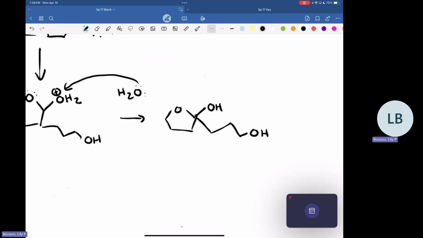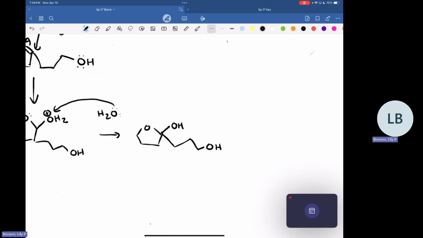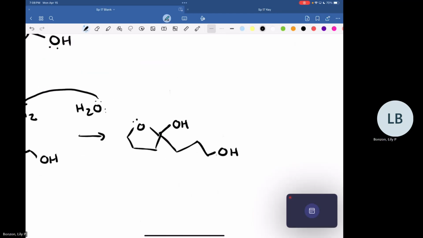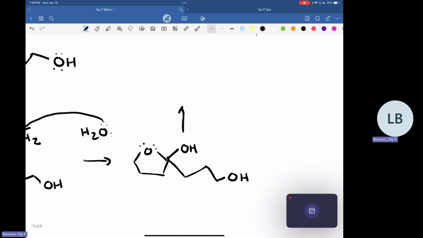All right, so we're sort of getting there. Not quite. Continuing in the forward direction, we can have the other ether oxygen take another equivalent of hydrogen and protonate itself.